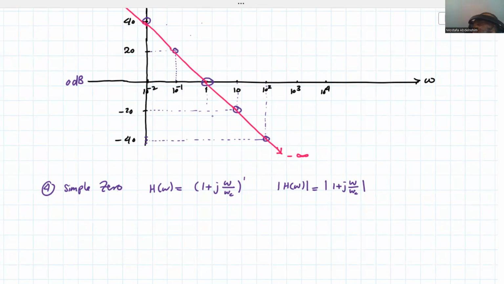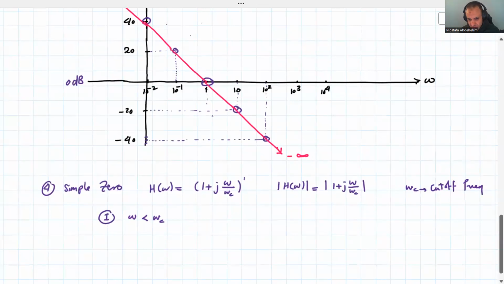The first case, if omega is much less than omega c. C here is not the C like capacitance. C is a subscript, meaning the cutoff. Omega c is called the cutoff frequency. We're gonna see why it is called the cutoff frequency.